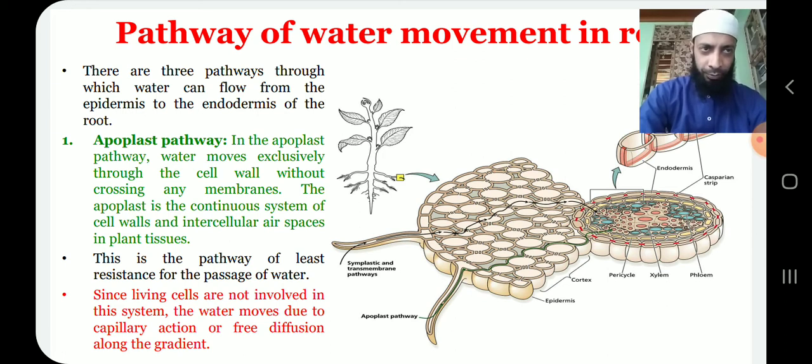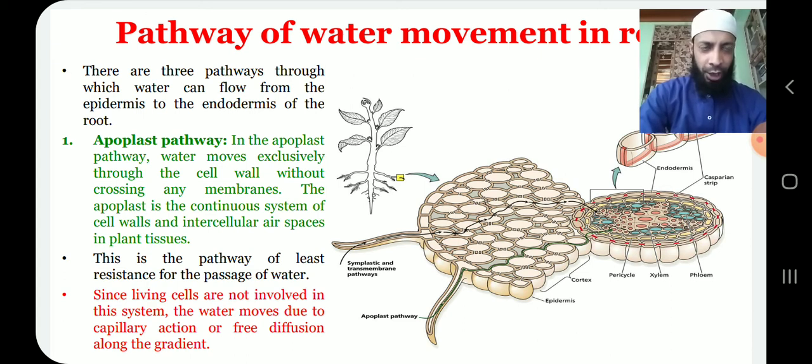Water cannot cross the endodermis through cell walls because of the presence of a radial Casparian strip, which is impermeable to water because of the presence of a substance, secondary wall substance, that's called suberin. The Casparian strip is a secondary wall deposition, that is suberin, which is impervious to water.